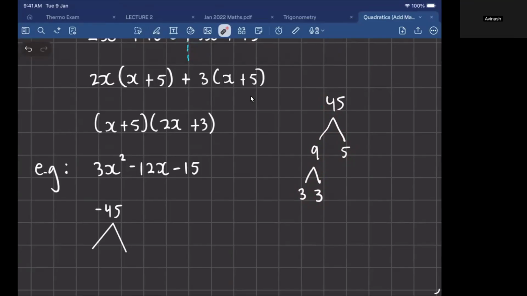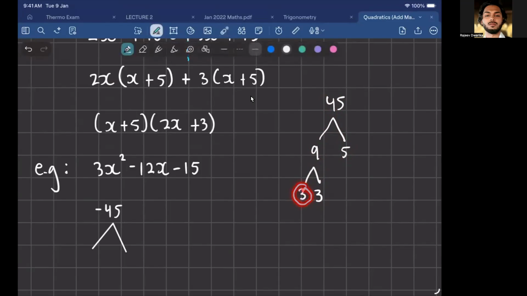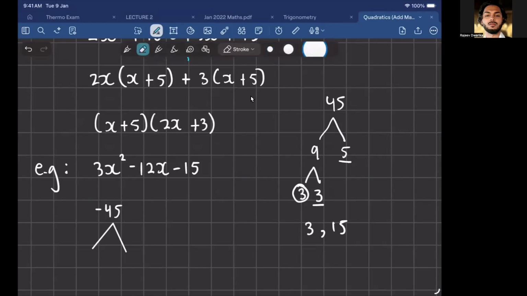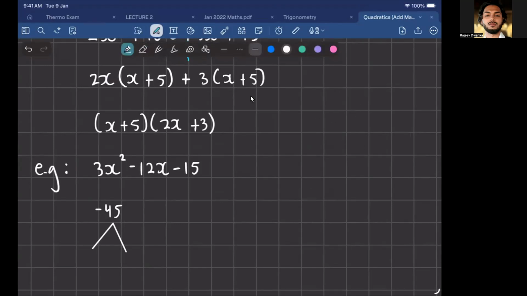So we're gonna circle 3, and then you're gonna multiply 3 and 5. Just like that, you got some other factors of 45. And 3 by 15 is 45. So you could use this method anytime you want to come up with other factors. So 3 and 15 were the correct ones to use.